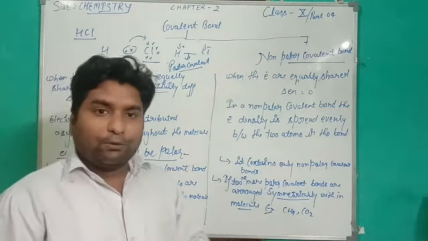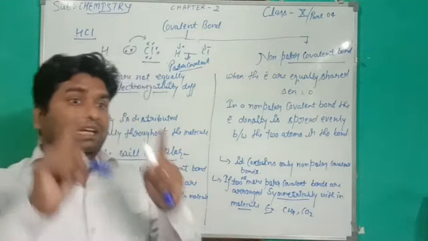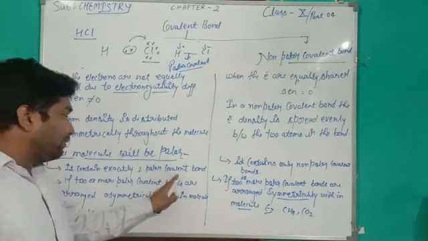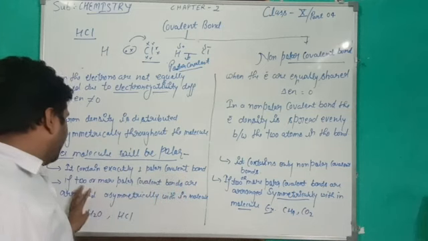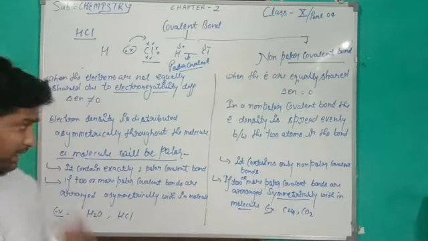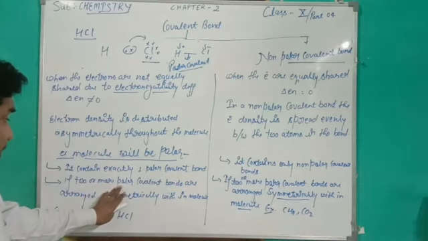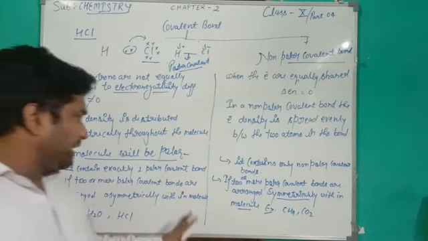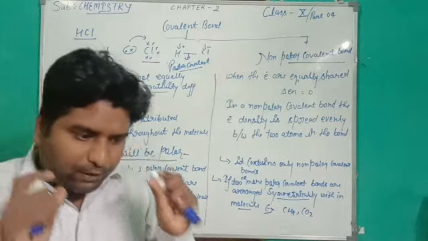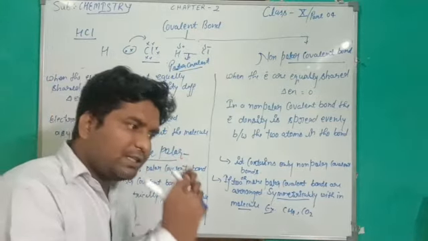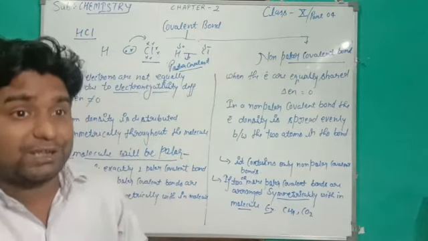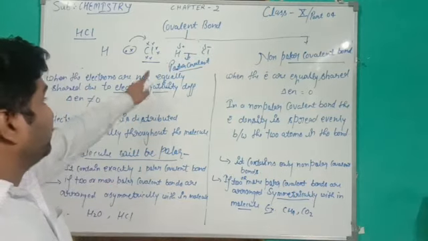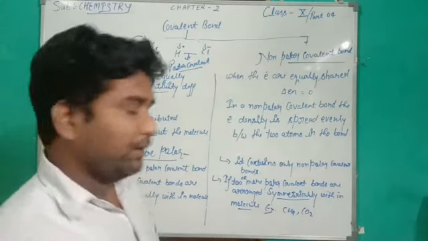Also, if two or more polar covalent bonds are arranged asymmetrically in the molecule, such type of molecule is known as a polar molecule.